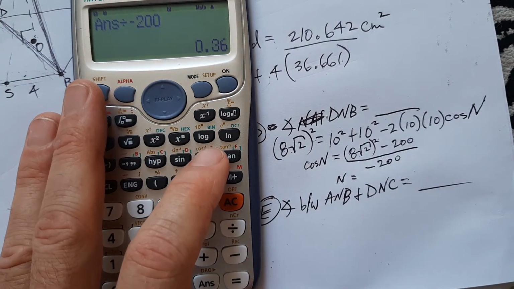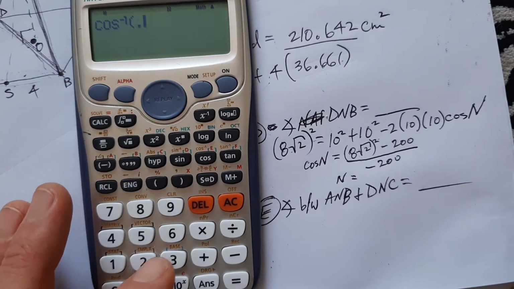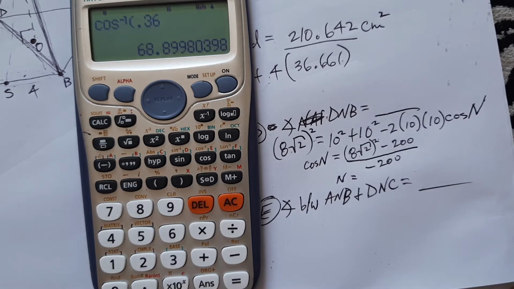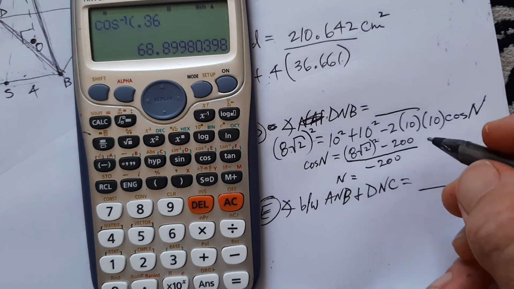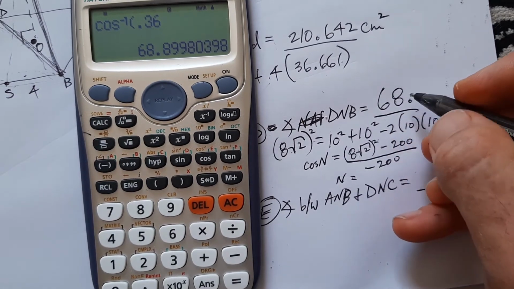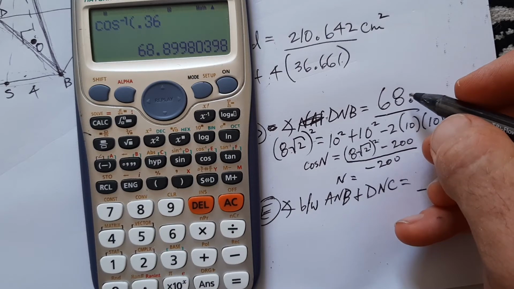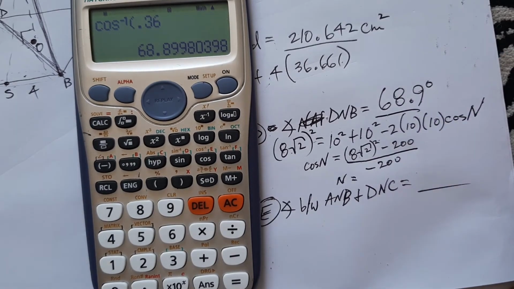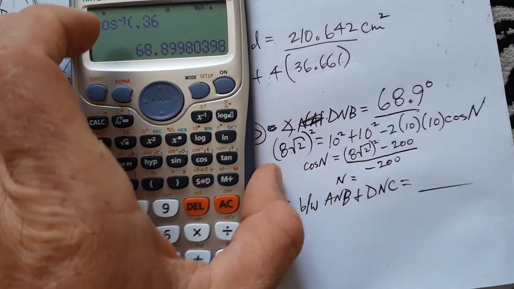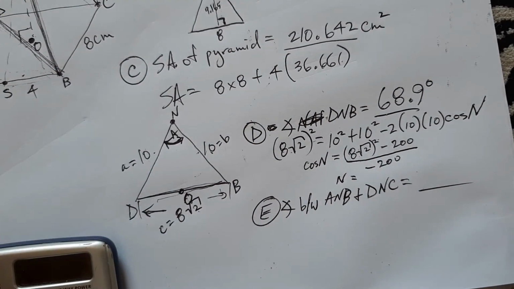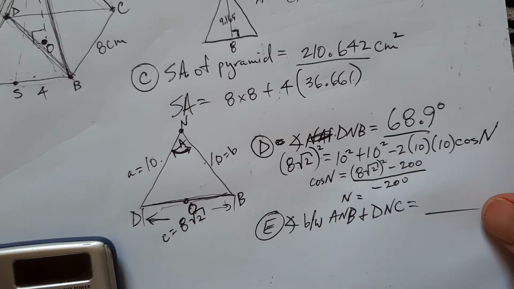Shift, cosine inverse, 0.36. That's my trig ratio there. I didn't take a good guess at it, but anyway, I'm going to get 68.9 degrees. I don't know if that's what you got. That's what I got. All right, I have pretty high confidence in that.